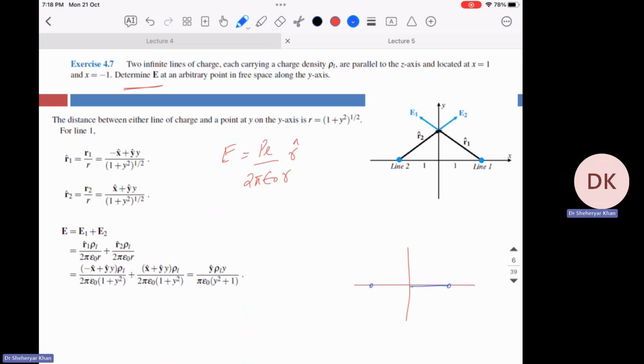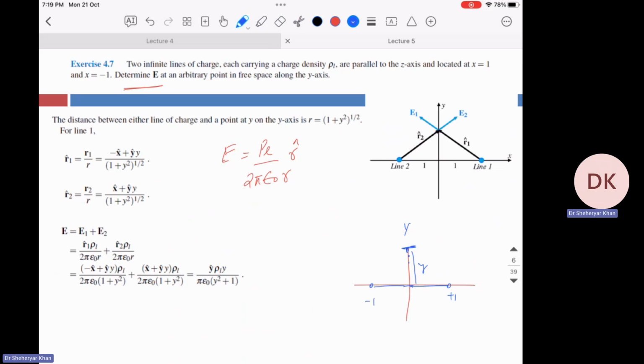And they are actually 2 centimeters apart, at +1 and -1 if the axes are in centimeters. So now the question is that there is some y-axis. So you find the electric field anywhere along the y-axis, anywhere. So let's say if I'm interested to find here, then this one is my y-axis. Okay. So I'm trying to find out the electric field at this point.